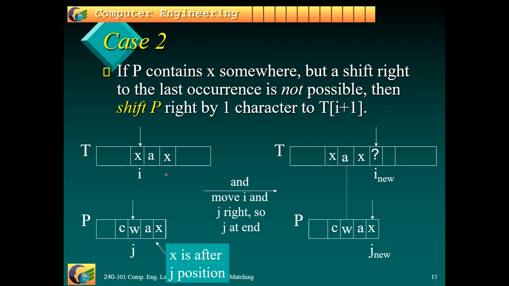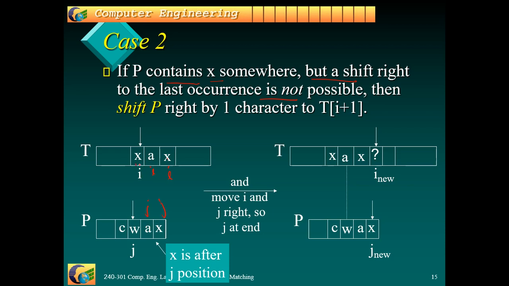In case 2, when there is a mismatch at somewhere X, but a shift right to the last occurrence is not possible. For example, you have started comparing your text, initially your J is here, your I is here, you compared and it matched, and you decrement, I is here and J is here, there's a match.